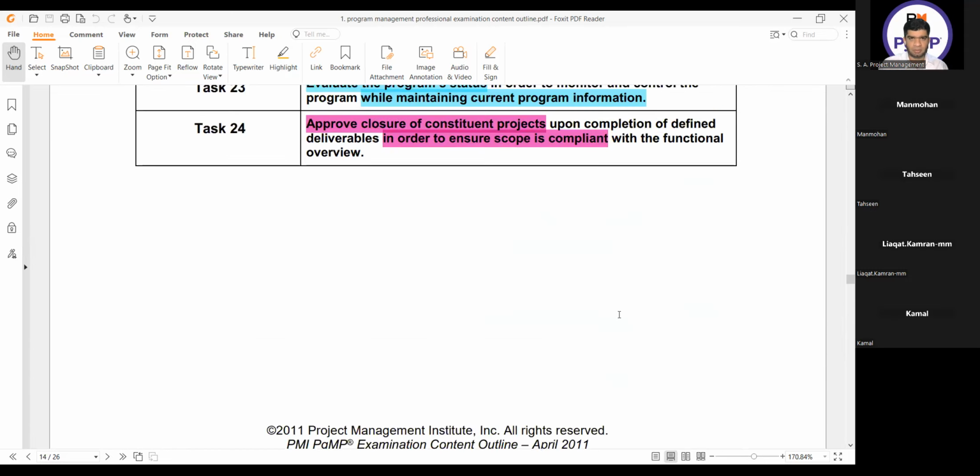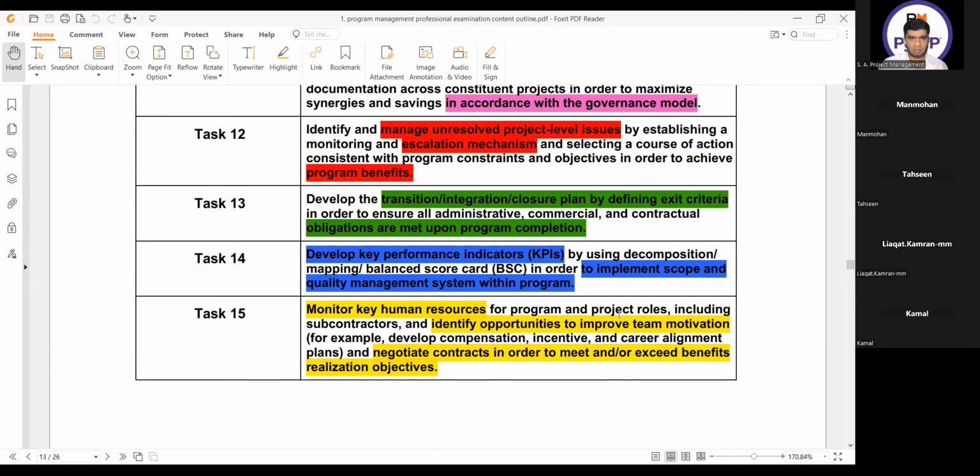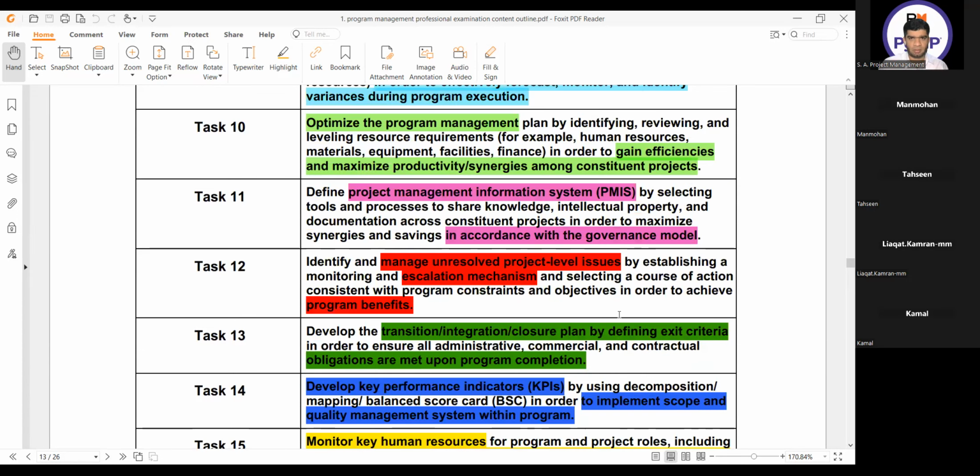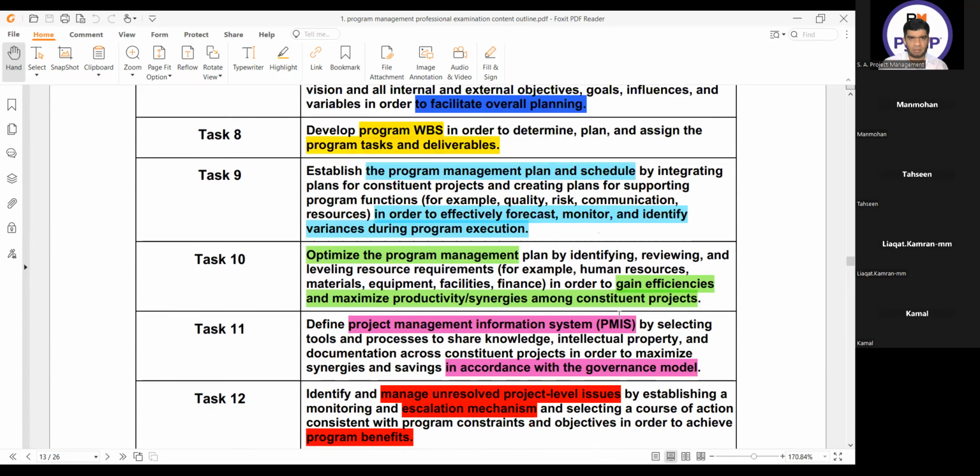I'll show you here. Task 9. Can you read it, Manmohan? Sure, sir.